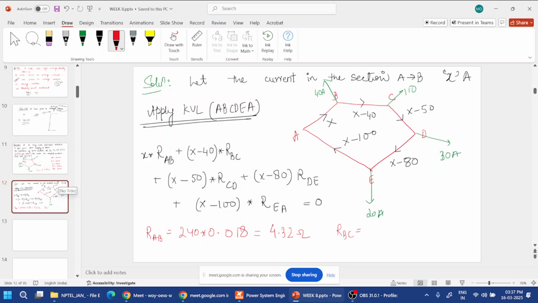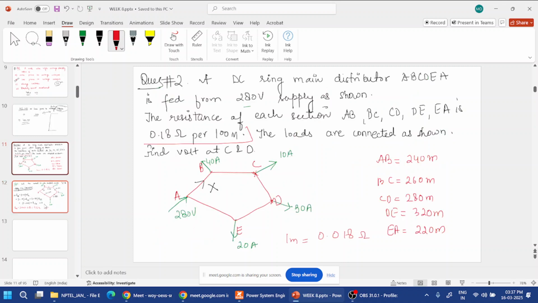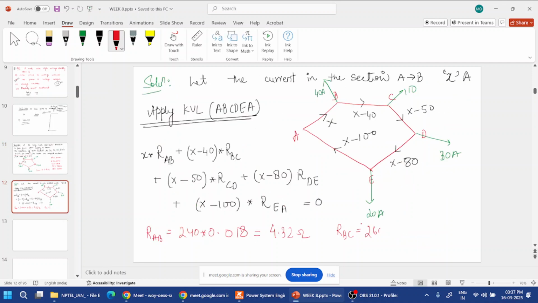So next, how much is BC? It is 260. So let me calculate it. 260 into 0.018.